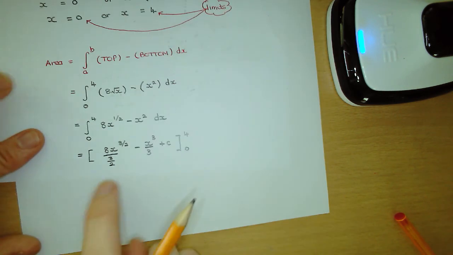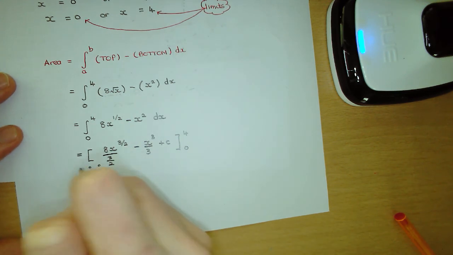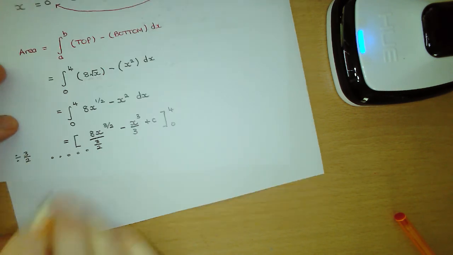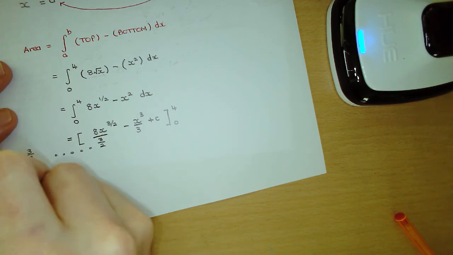Okay, let's tidy up this mess here. We're dividing by 3 over 2, so that's the same as, we've talked about this before, multiplying by 2/3.